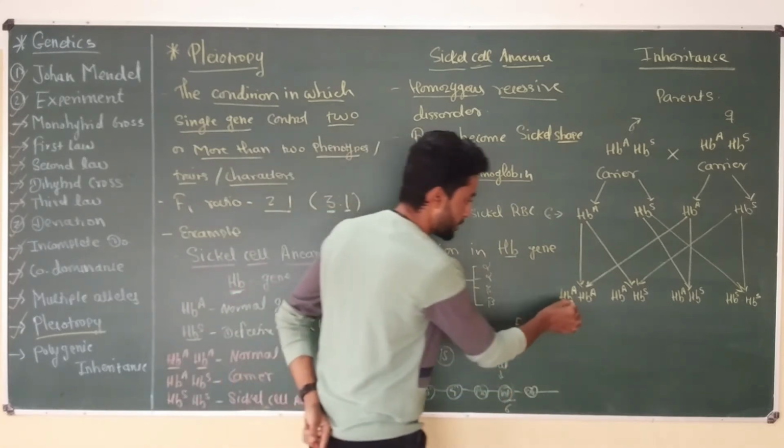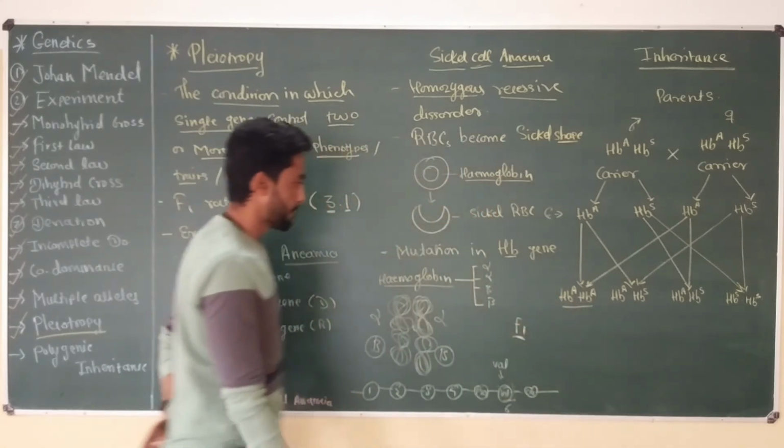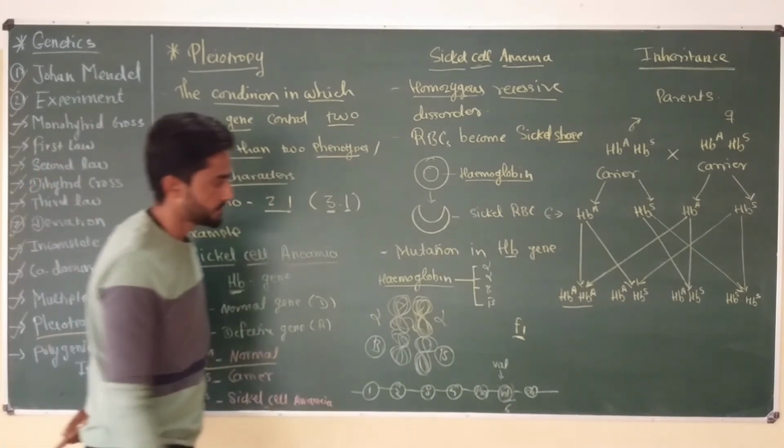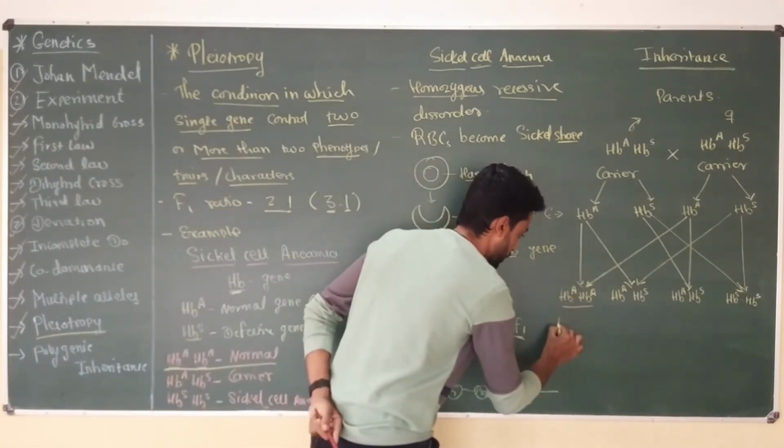Now HBA, HBA type of genotype develops a normal child. Okay, so this is the normal child.